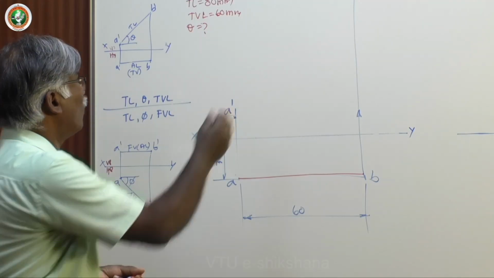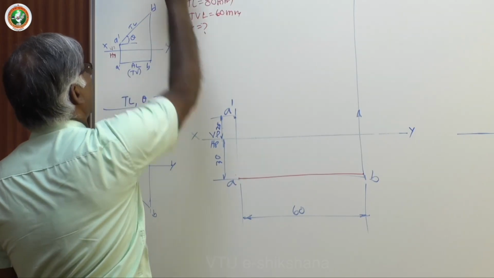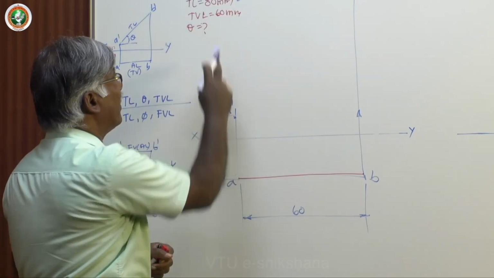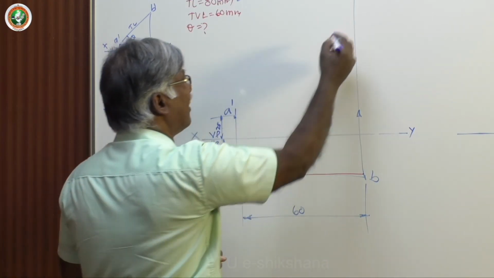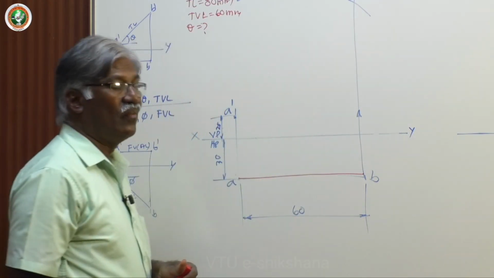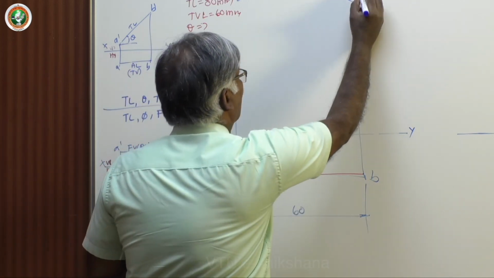Then how to locate this B dash? I know the true length value, 80 mm. This one is utilized. Now I have to find this. I keep A dash as center and draw an arc with radius equal to 80 mm. This particular point is B dash.